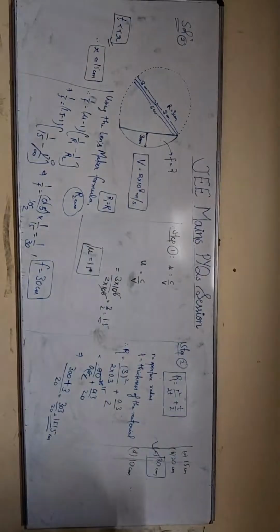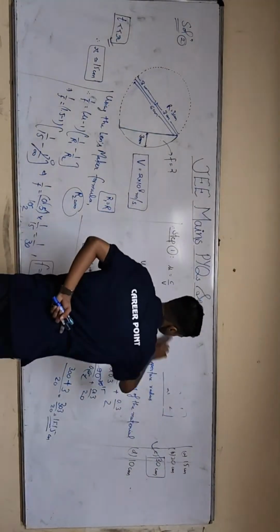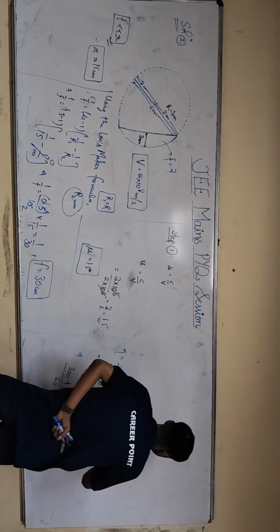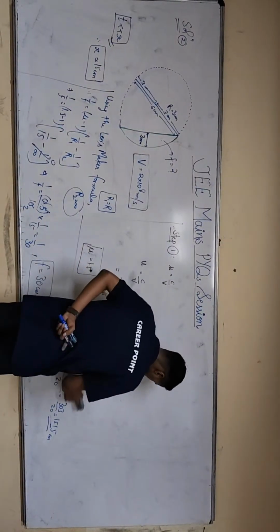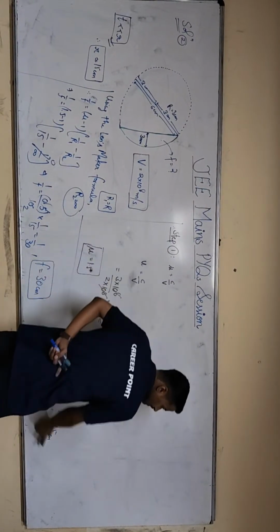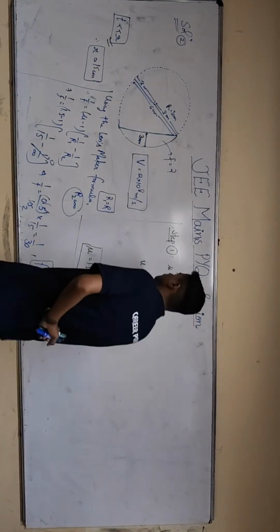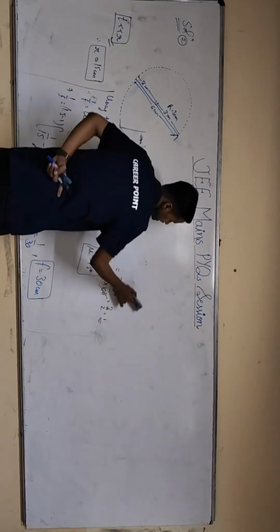So our next question. Write down question number 3: two lenses, power minus 15 diopter. We have two lenses and the power is given.